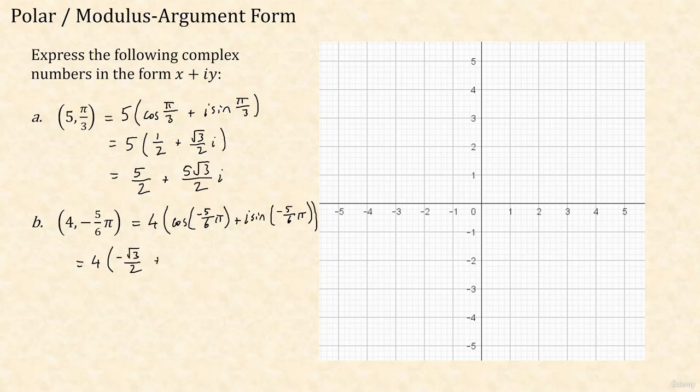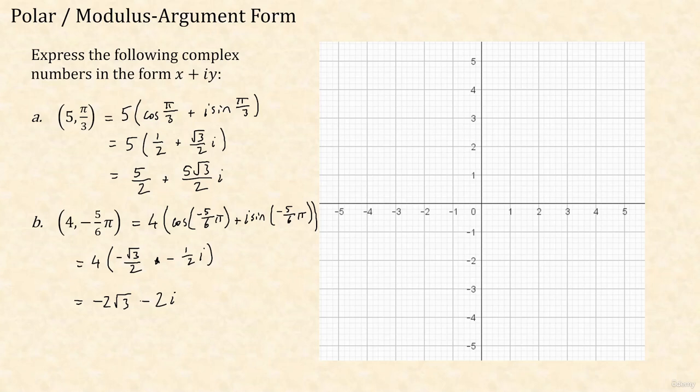And sine of the same thing is minus a half. So that's just, well, not a plus, that's minus half i. Expanded, 4 times negative root 3 over 2 is minus 2 root 3. And 4 times minus a half is minus 2, so minus 2i. And there's our number in x plus iy form.